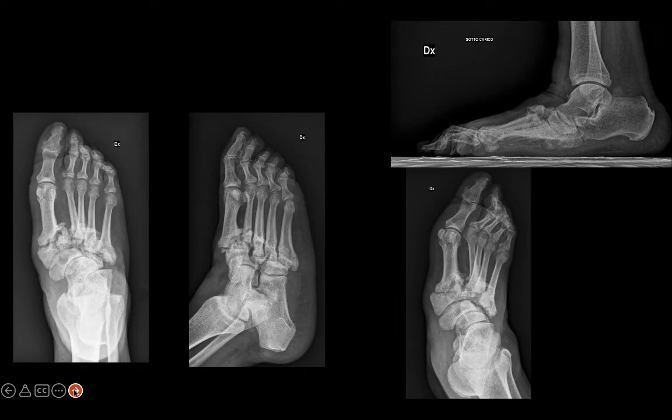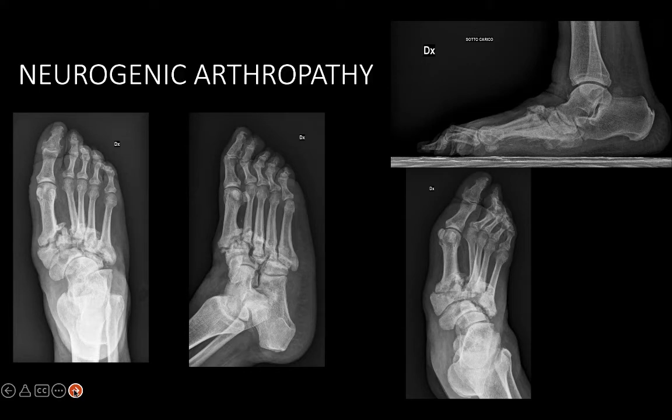Now, another non-inflammatory joint disease is Charcot's joint, also known as neuropathic or neurogenic arthropathy. And this is really caused by loss of sensation in the part. There's many causes to neuropathic arthritis, but most commonly today is diabetes mellitus.